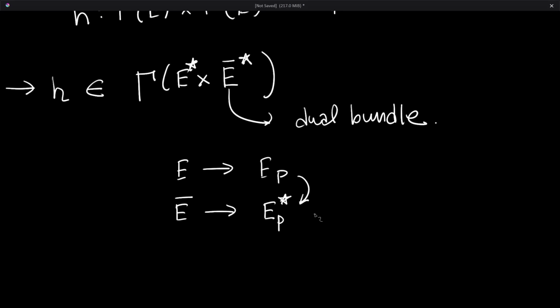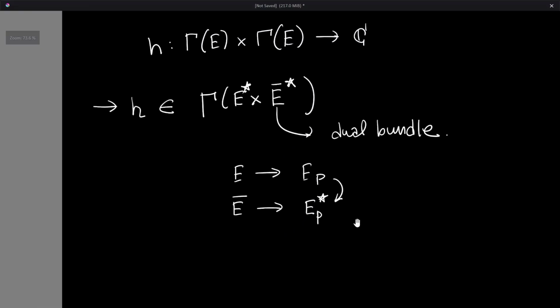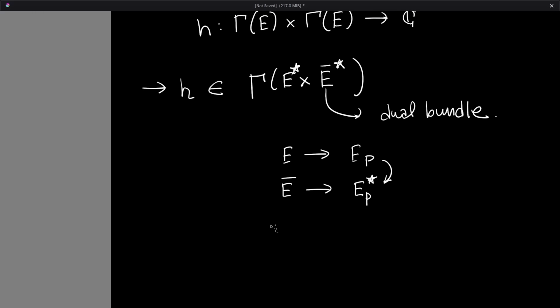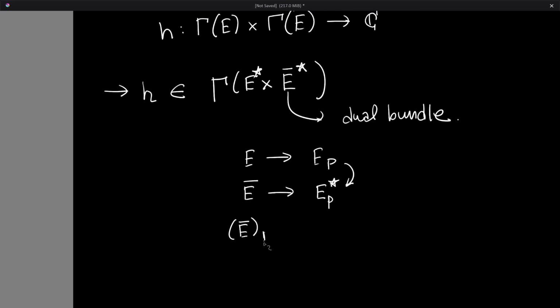Now my notation isn't very consistent here because I didn't expect to have to talk about dual bundles. So there are a few places where I'm using bars and stars in an inconsistent way. I'll fix that up in the lecture notes, but this is essentially it.